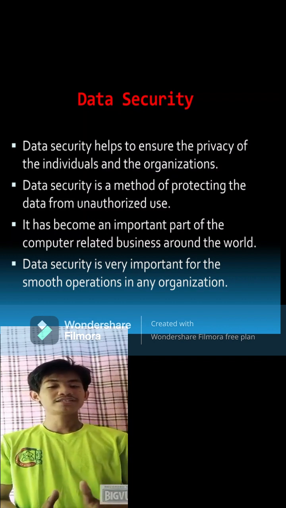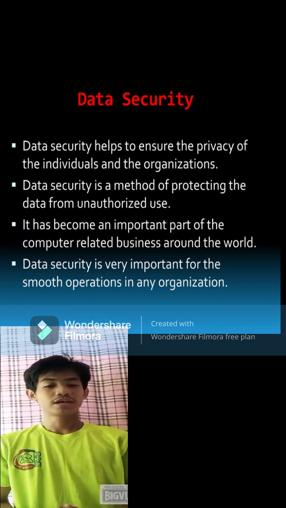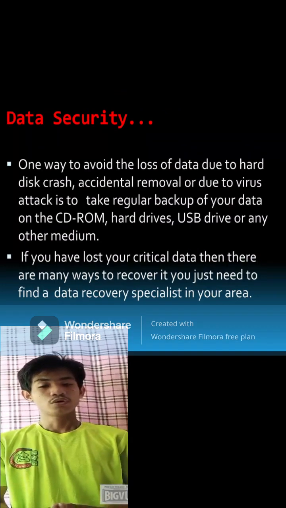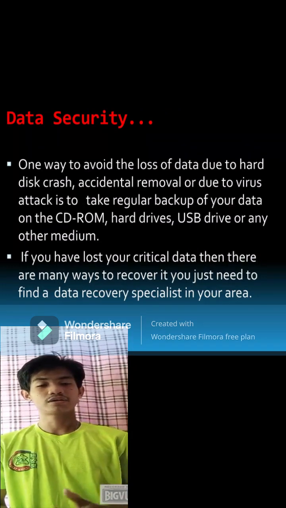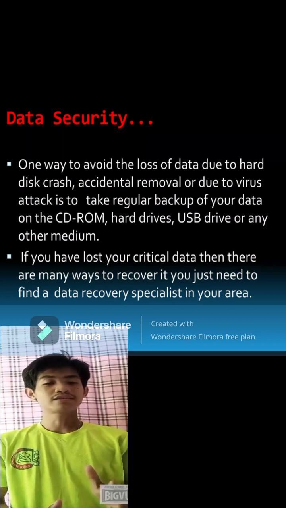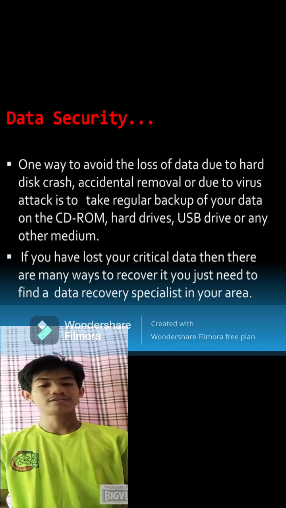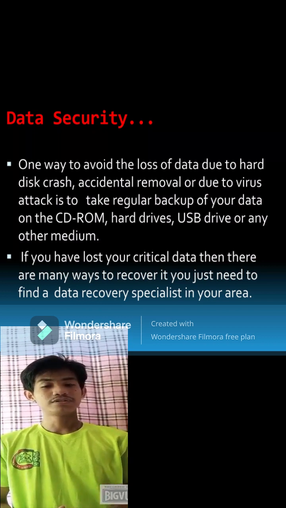Data security is important for the smooth operations in any organization. One way to avoid the loss of data due to hard disk crash, accidental removal, or virus attack is to take regular backup of data on CD-ROM, hard disk, USB drives, or any other medium.